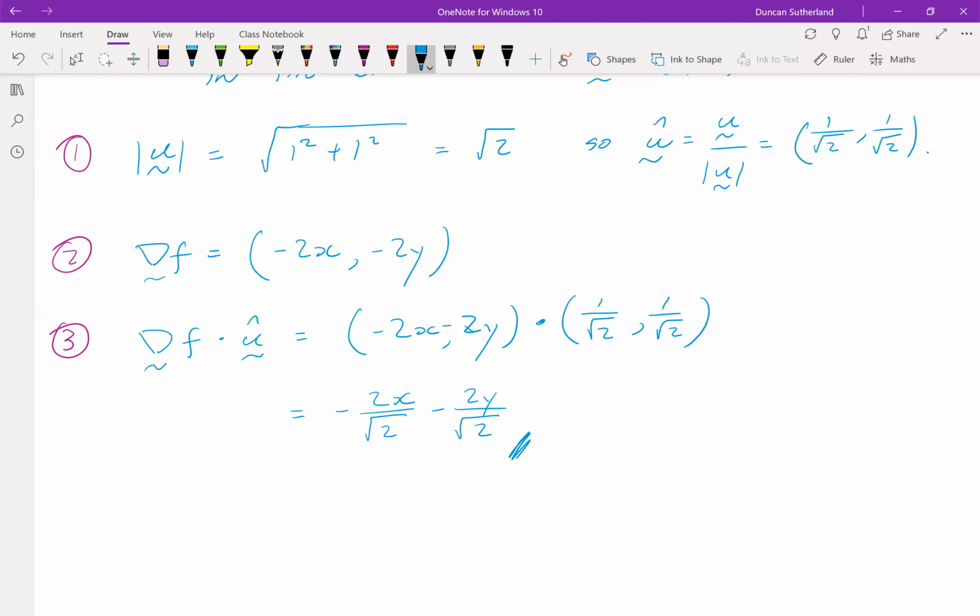So this is the directional derivative of f with respect to u.